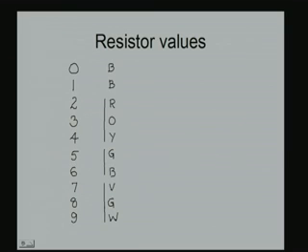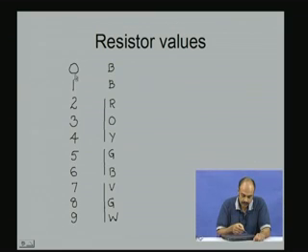Okay. So, the color coding is as follows. We see here on the slide that there are these numbers 0, 1, 2, 3, 4, 5, 6, 7, and each number has an associated color, which I am writing here.